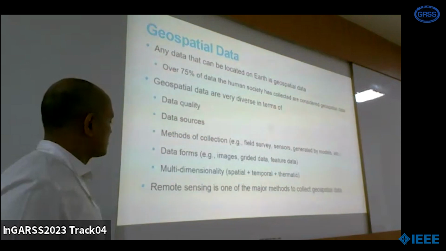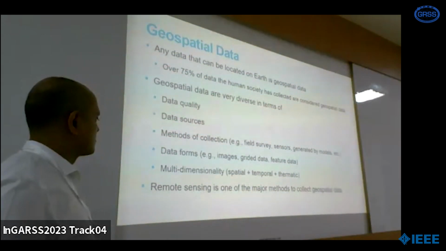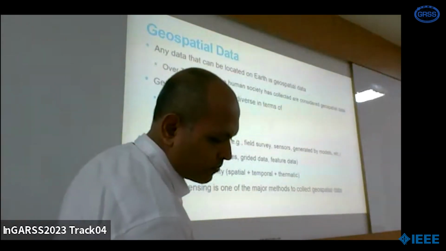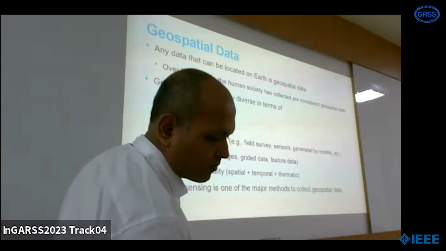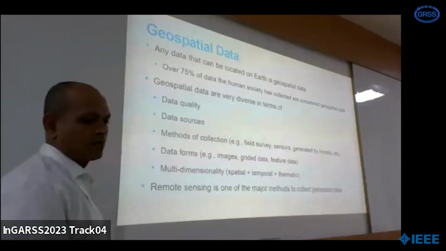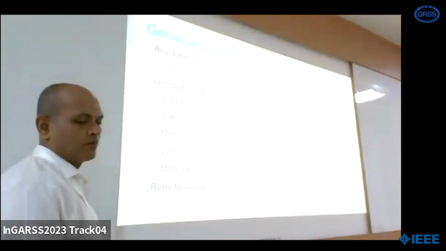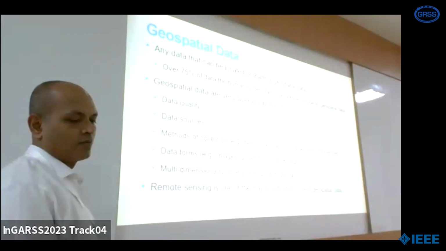And we have a huge number of data formats, and also data forms. We have imagery data, we have gridded data, we have feature data, and each type of data is different from the other types.